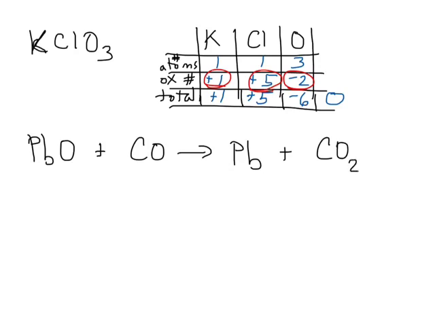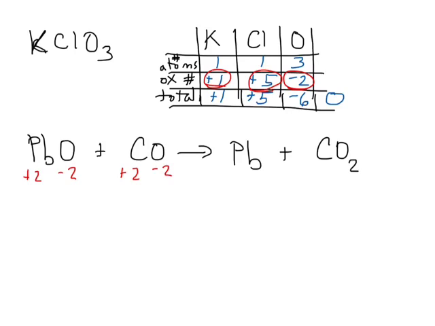Let's assign our oxidation numbers for each element involved. Here, oxygen has an oxidation number of -2. It's bonded, therefore lead must have an oxidation number of +2. Over here, in carbon monoxide, O again is bonded with an oxidation number of -2, so carbon must have an oxidation number of +2.